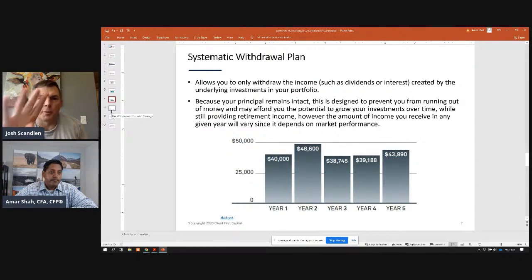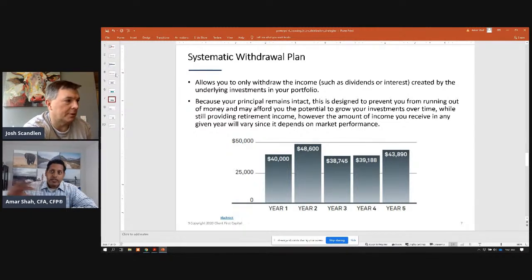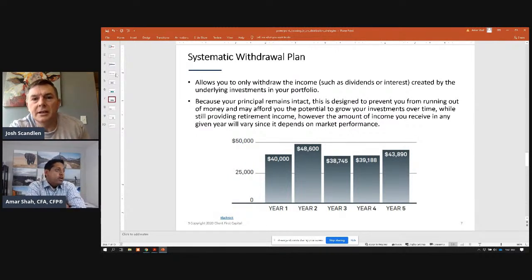So we've got the 4% rule, the fixed percentage, the systematic percentage, and then you have the flat $40,000. One of the things I think we should put as background to this is that let's assume you're getting Social Security. So this is not all your income, right?